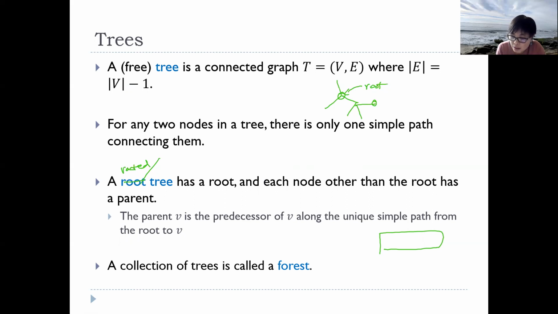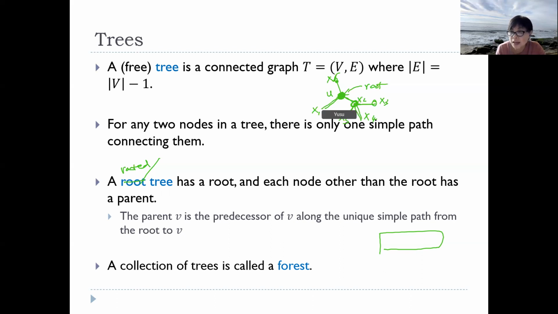So for example, if this is the root, let me make the green dot here, call it U, and the other nodes x1, x2, x3, x4, x5, x6. Then the parent of x2 is U, the parent of x3 is x2, the parent of x4 is x2, and so on.